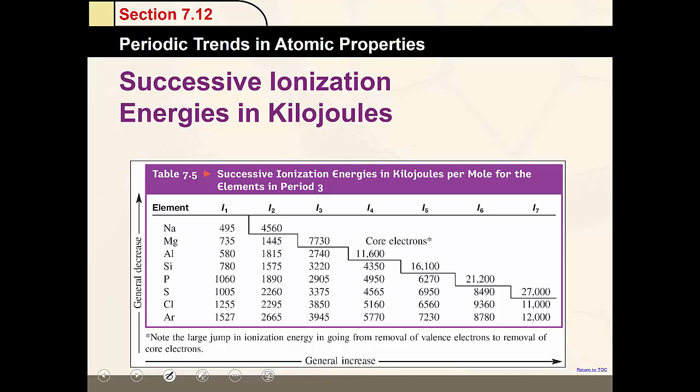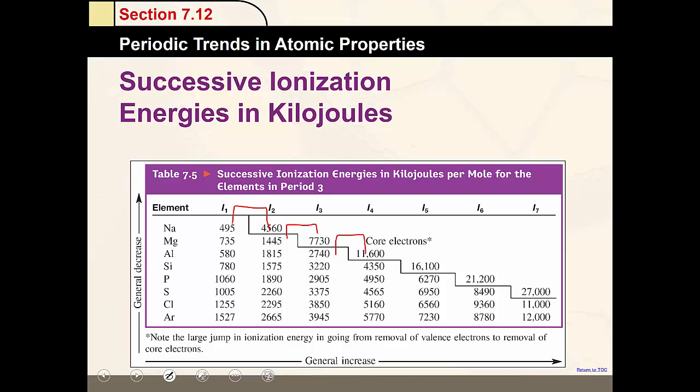And then, if given an unknown element, you should be able to identify what group that element is in by looking at the values of ionization energy, and see where the large jump is. So you should see for sodium, since it only has one valence electron, there's a large jump between the first and the second ionization energy. We already talked about magnesium. It has two valence electrons. There's a huge jump in the energy you need to remove an electron between second and third, and so on and so forth.